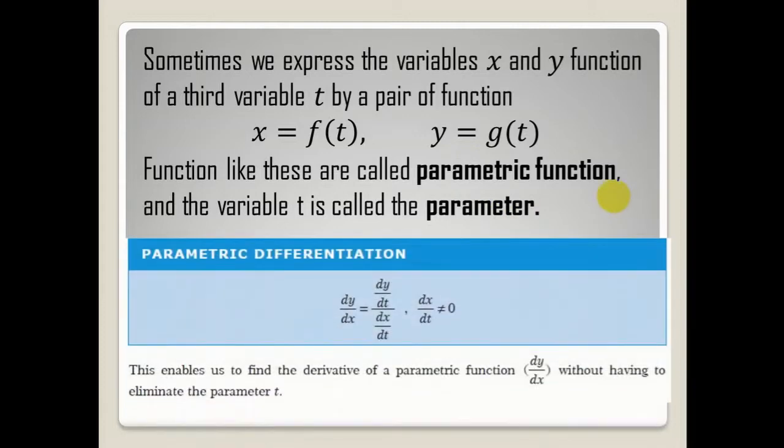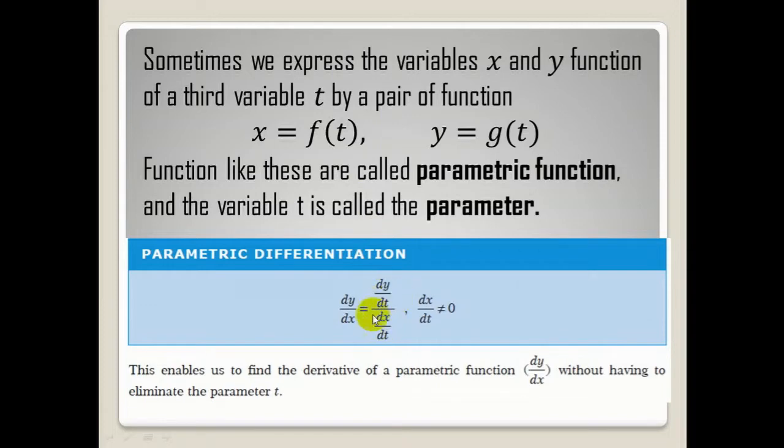Parametric differentiation still looks like the implicit one, dy over dx, but here in parametric differentiation, dy over dx is equal to dy over the third variable. Because y has a t, so dy over dt, and x has a variable of t, so dx over dt.